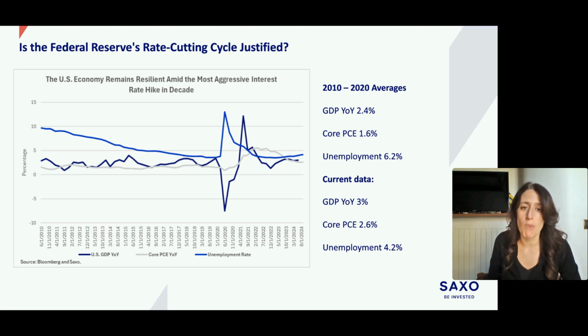So a risk that markets are not pricing in today is the risk of a reacceleration of the economy, a rise of inflation, not a massive rise like we have seen post-COVID, but something like remaining between 3 and 3.5%.